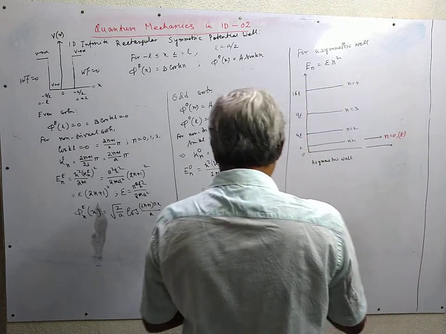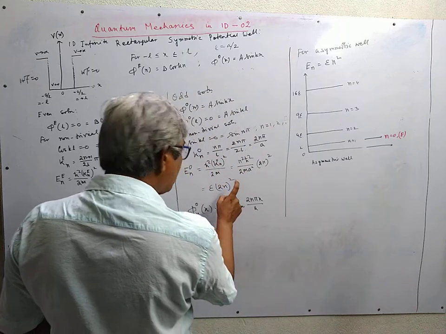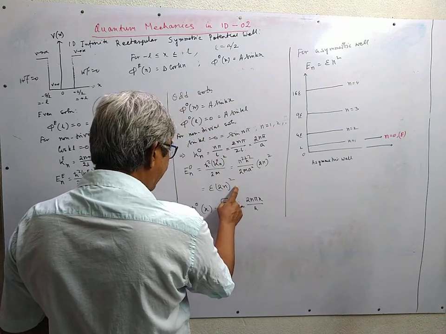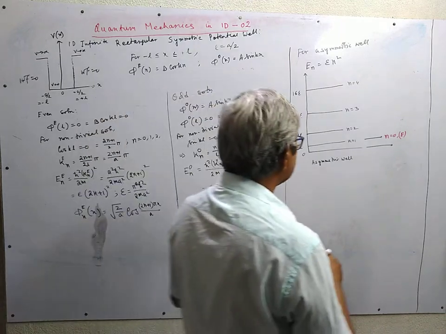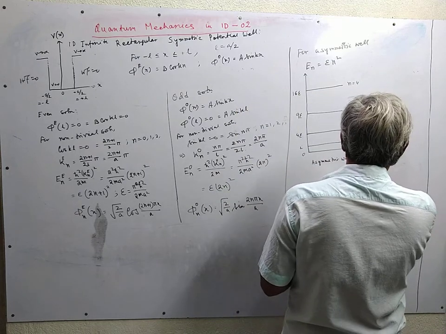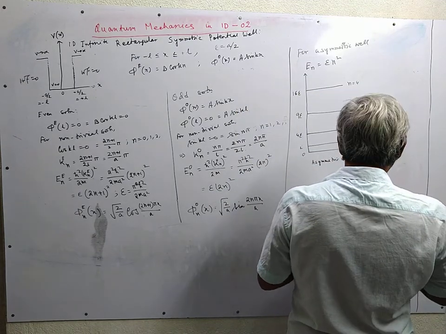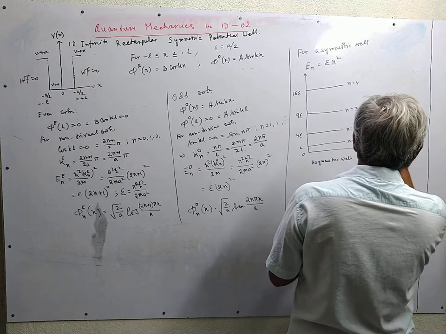Then the 4 epsilon, if we put n is equal to 1 in the odd state, we get this. So this comes from n is equal to 1 of odd state.